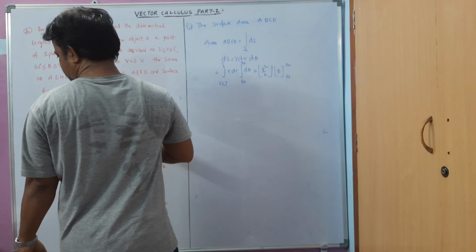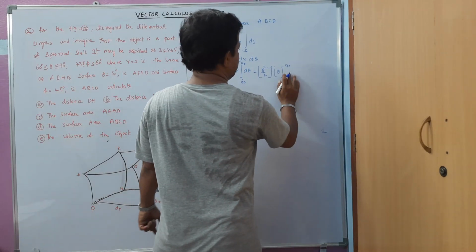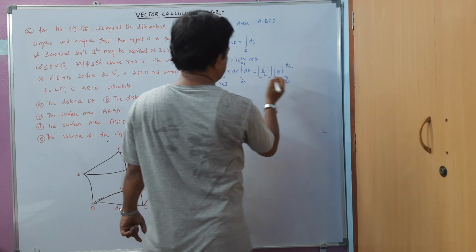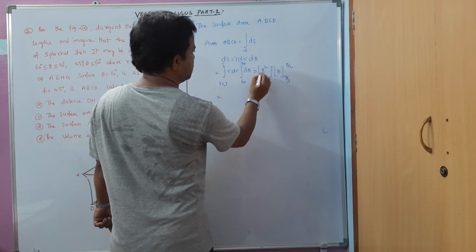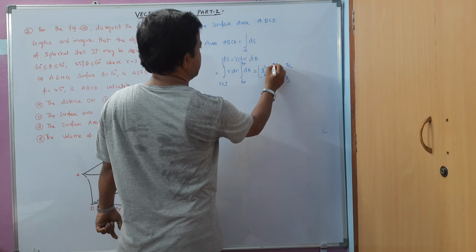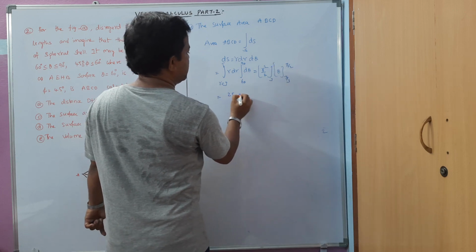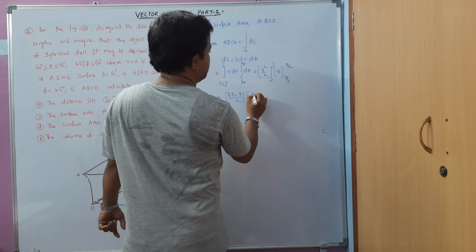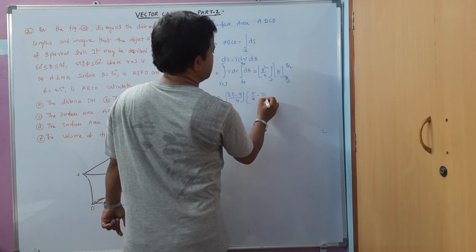So that will be giving me, I will take here pi by 3 to pi by 2 instead of 90 degrees. So this will give me, from 3 to 5, 25 minus 9 by 4 into pi by 2 minus pi by 3 here.